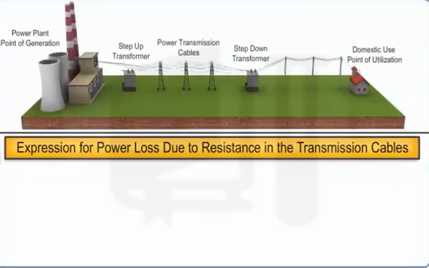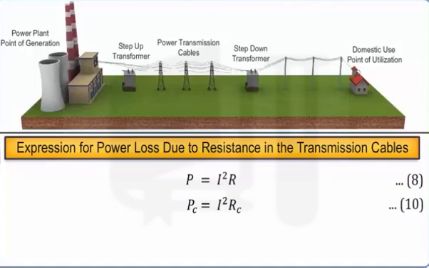Using equation 8, that is, P = I²R, we can derive an expression to calculate the power loss due to resistance in the cables. Power loss in the cable PC is due to its resistance RC, which is expressed as PC = I²RC. Let this be equation 10, where I is the current flowing through a cable.